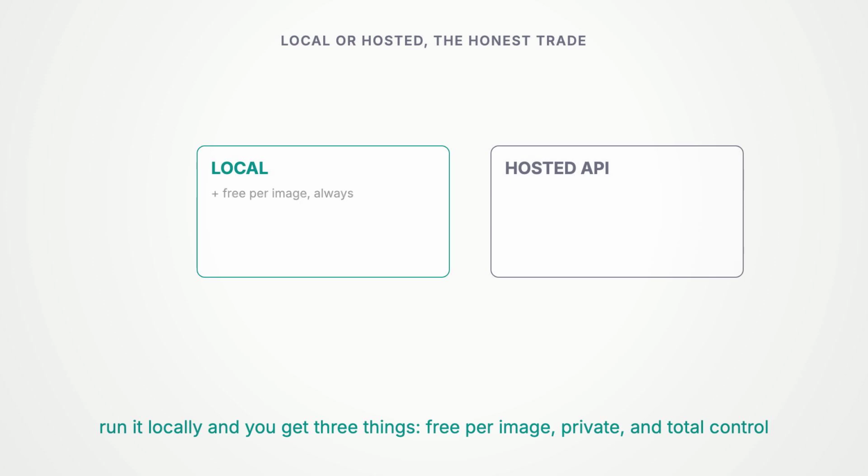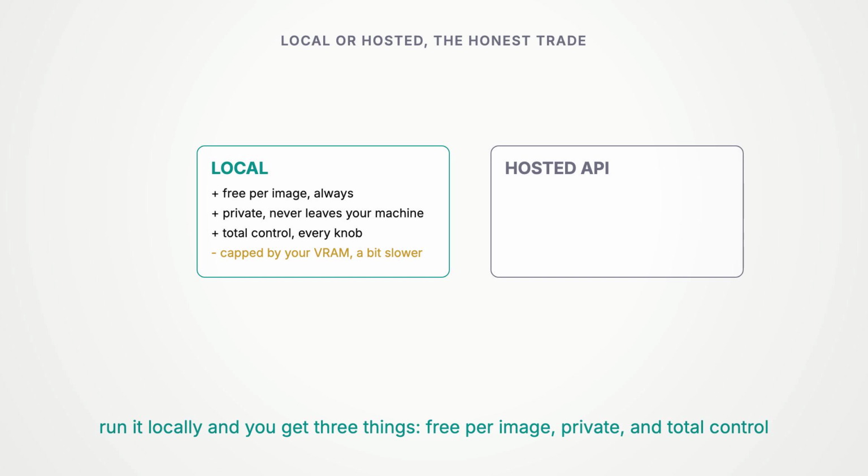Which leaves the honest final question. Should you run it locally at all, or just use a website that does it for you? This is a real trade-off, not a free lunch, and it is worth being clear-eyed. Run it locally and you get 3 things. It is free per image, no matter how many you make, so you can generate 10,000 experiments and the bill is the same as 0.